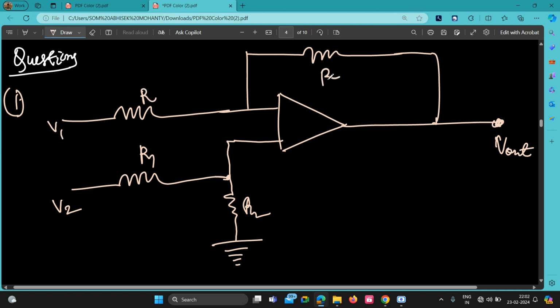Okay, this is R, this is R, this is R1, this is R2. All right. Question is, what is R1 by R2? That is the question.